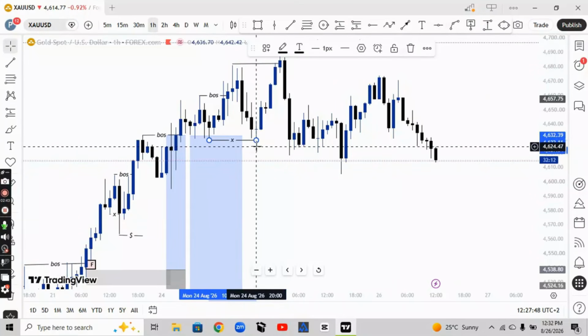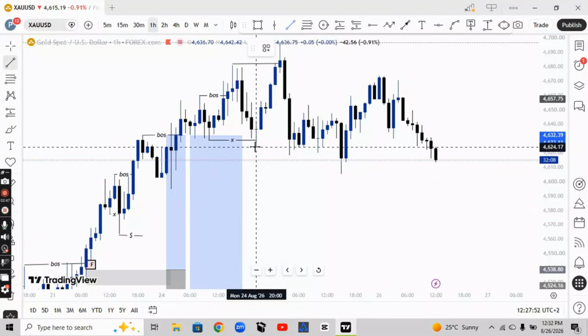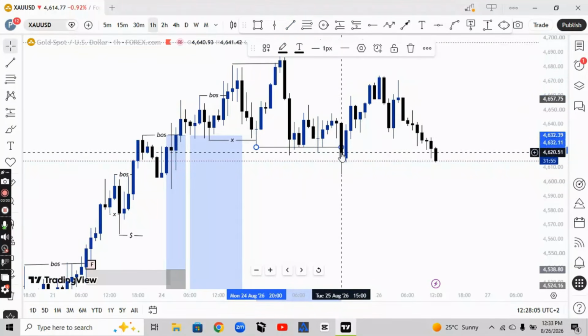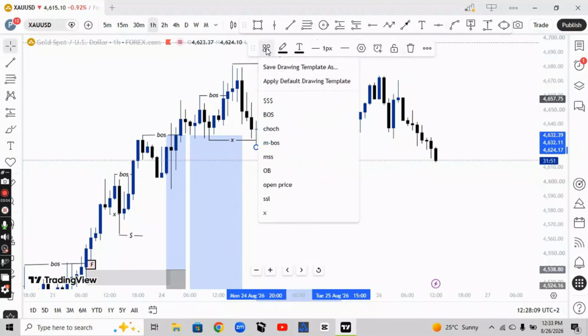If price closes below this low, we'll have a change of character. And we do have a change of character, because this is a body close below the previous protected low.